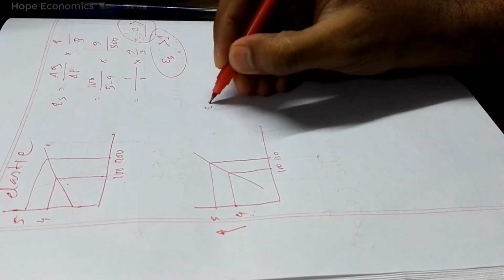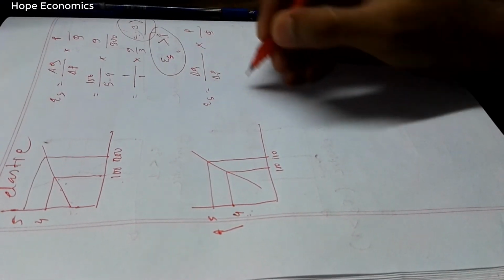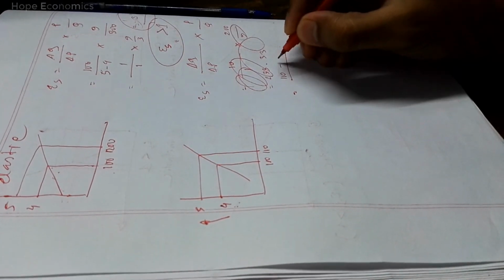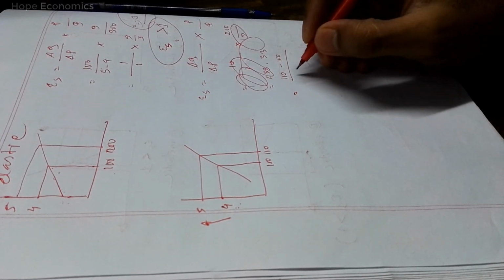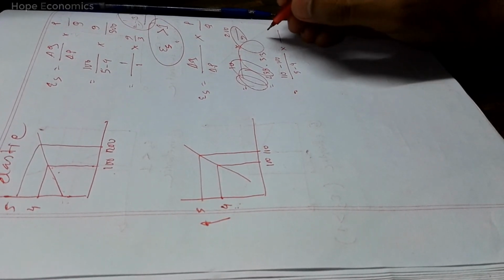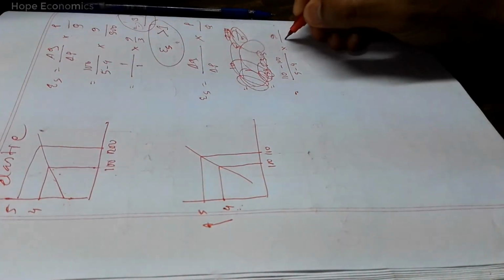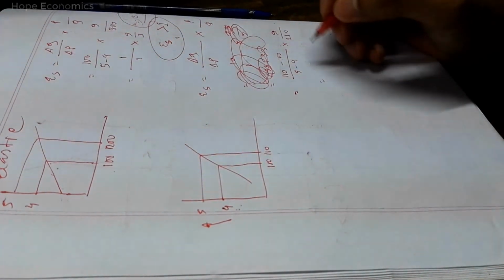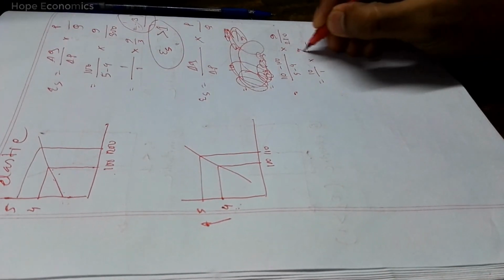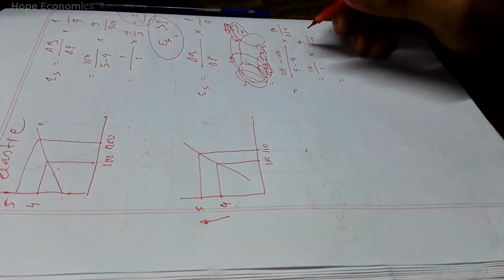So the elasticity of supply is del Q by del P into P by Q. We had a mistake over there, so the price would be 9 and the quantity 210. So it is 10 by 1 into 9 by 210.